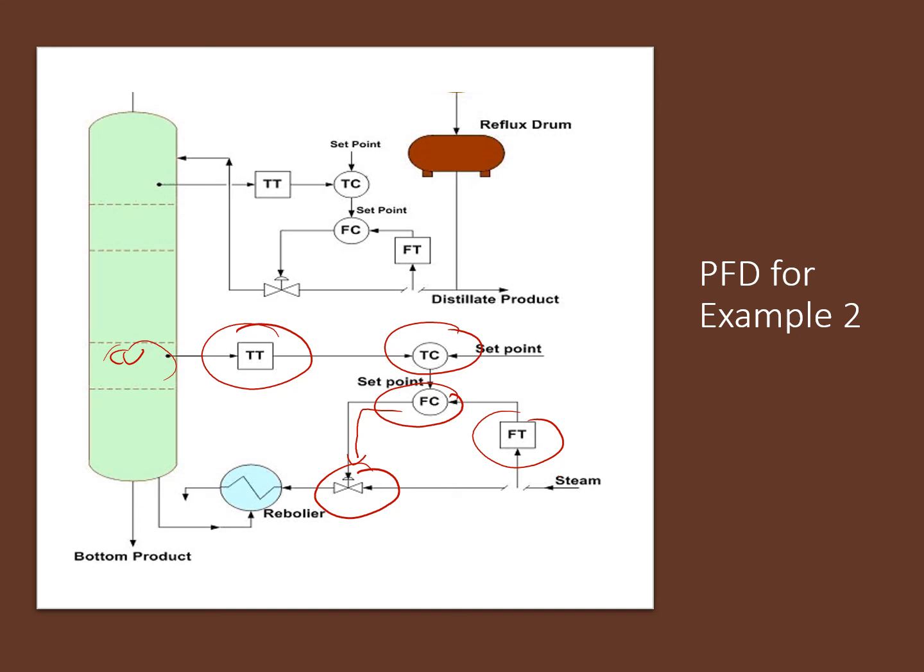The steam flow rate will be adjusted accordingly and will cause the temperature inside the column to increase or decrease to achieve its set point.